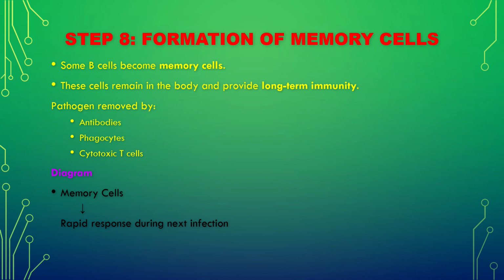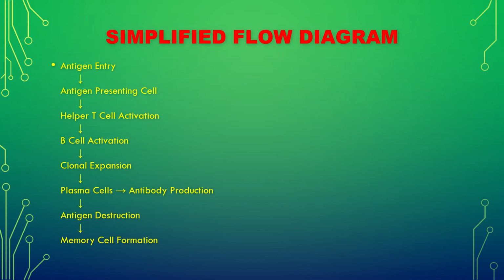The pathogens are removed by antibodies, phagocytosis, and cytotoxic T cells. The specialty of memory cells is the rapid response during the second entry of the same type of antigen or the same type of infection that gets into the body system.